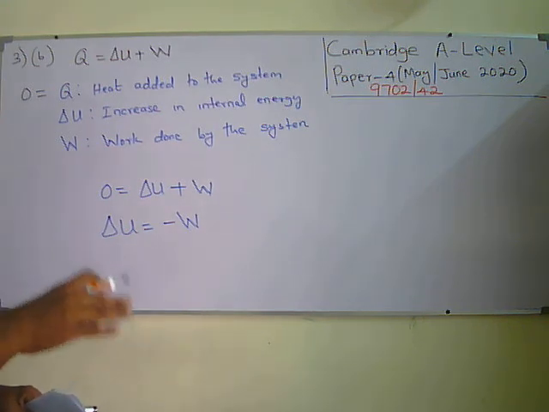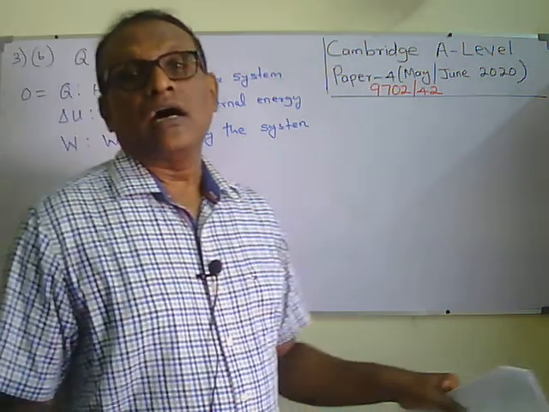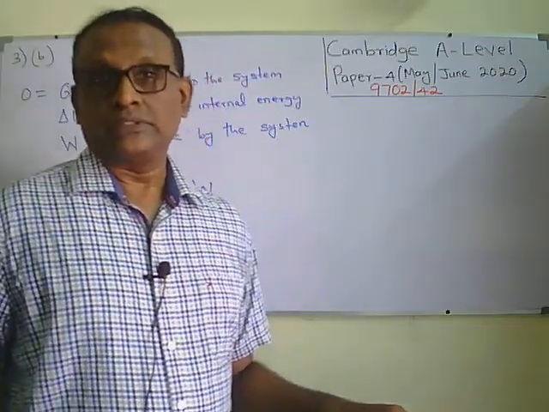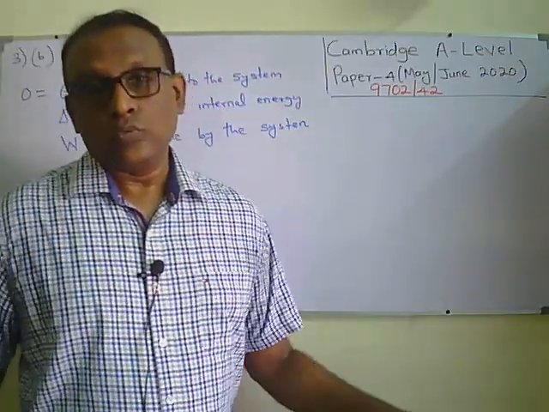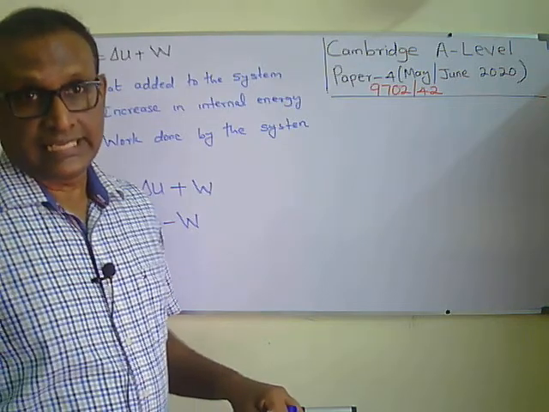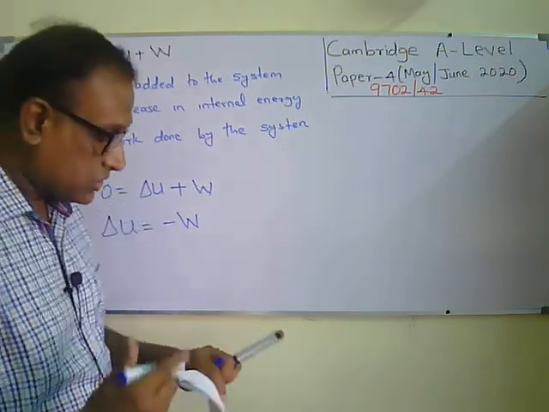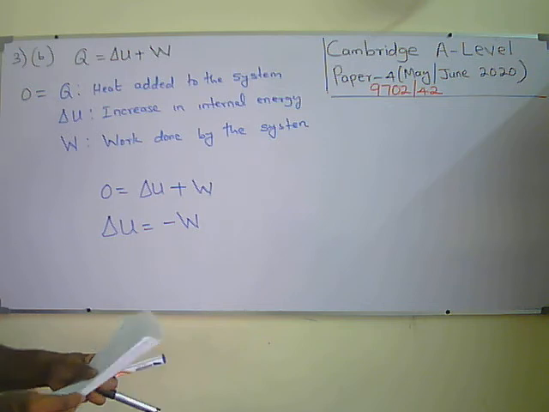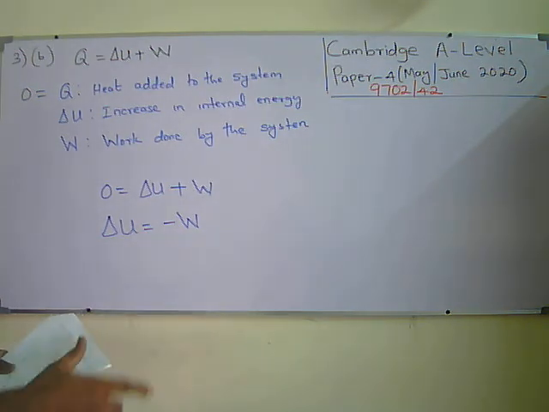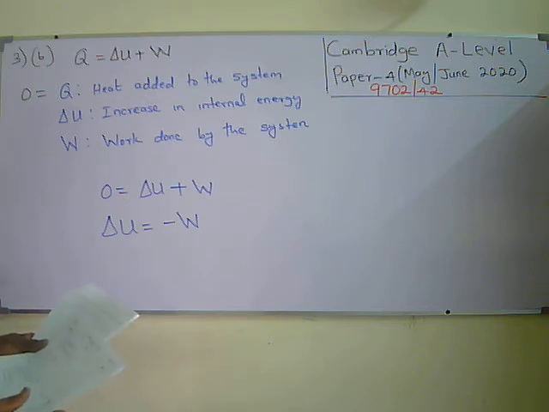So what will happen when the internal energy decreases? Temperature can drop. The temperature will drop when the internal energy decreases. So the answer should be: since no heat is entering or leaving, Q is equal to 0.